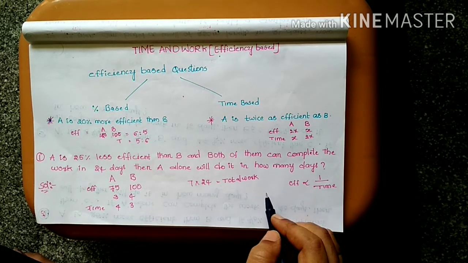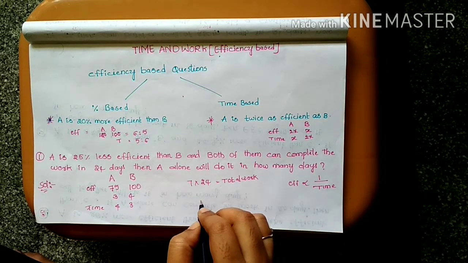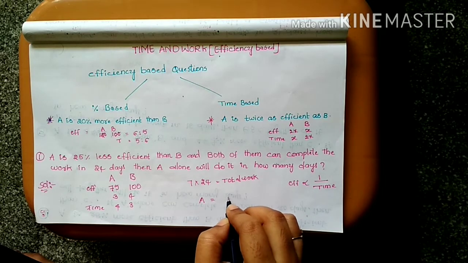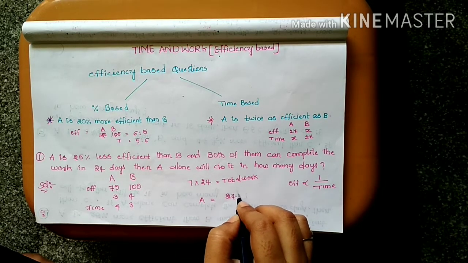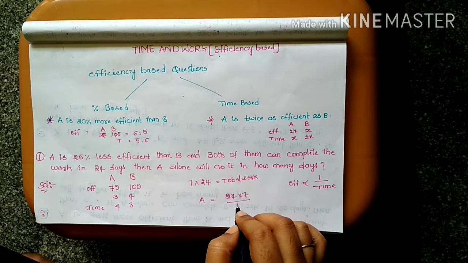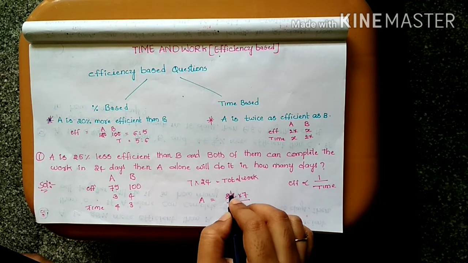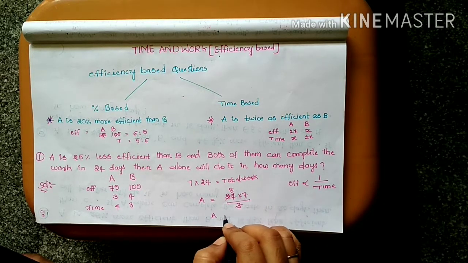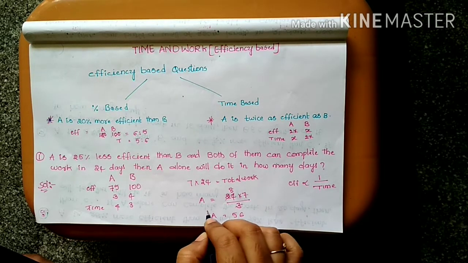7 into 24. How many days does A alone take? A is equal to 24 into 7 by 3 efficiency. So A is equal to 56.